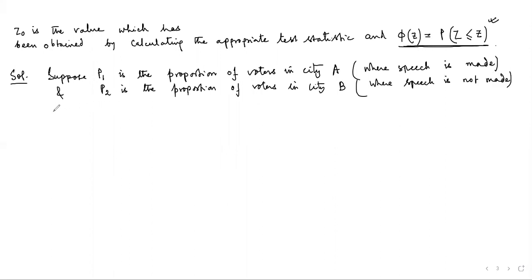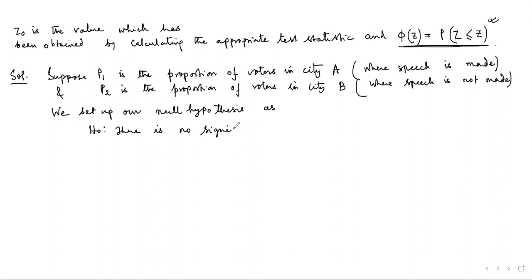We set up our null hypothesis as follows. H naught: there is no significant difference between the two proportions, between P1 and P2.